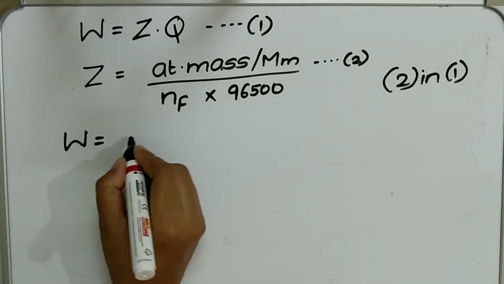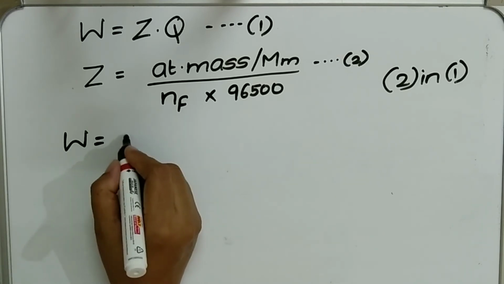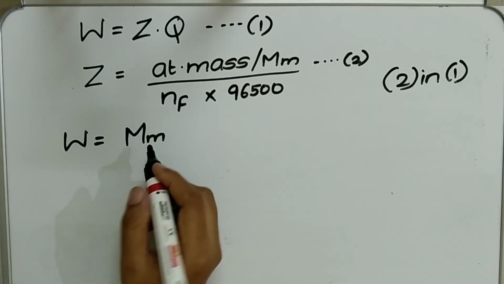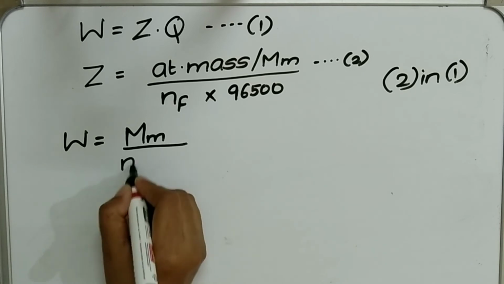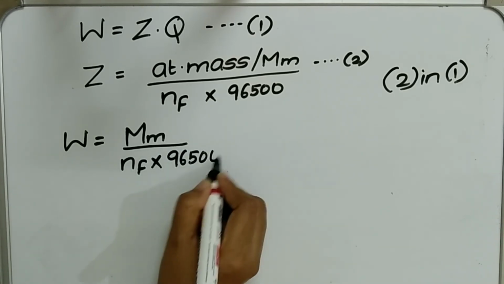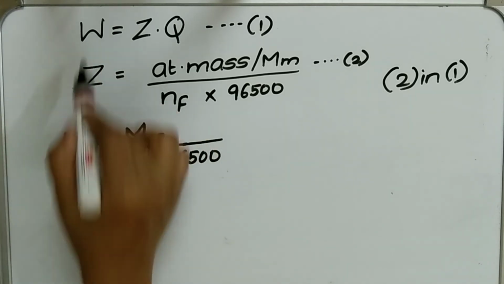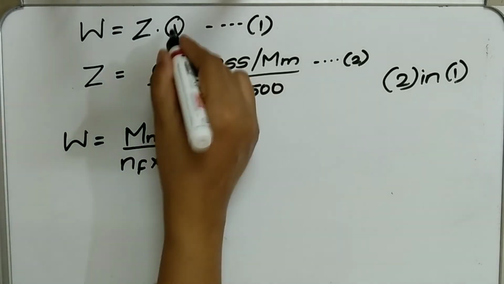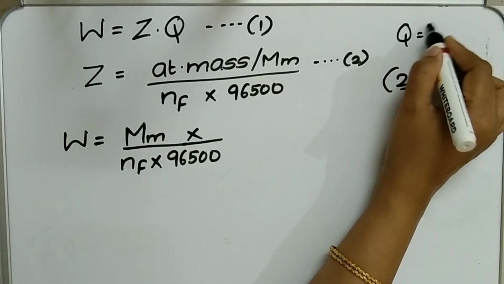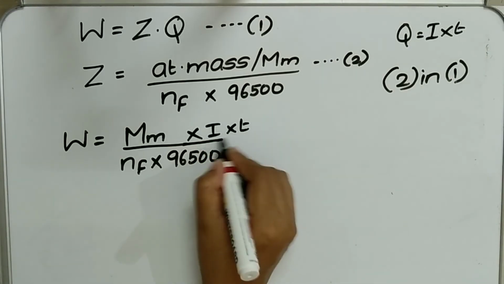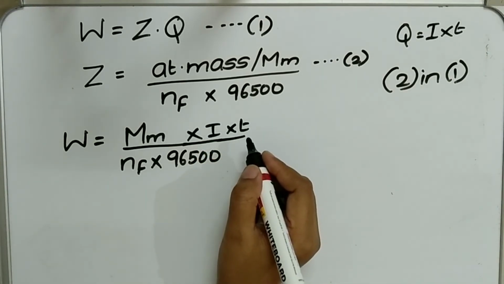So what you will get here? W is equal to, right, atomic mass. Now I am directly writing it as MM. It can be atomic mass, it can be molar mass also, upon Nf into 96,500. Correct? W, Z I have substituted. And what is Q? We know that Q is equal to I into T, current into time. Correct?